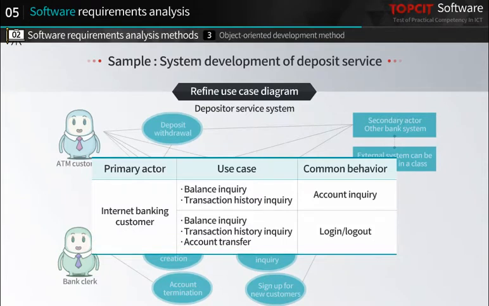use case diagram. For example, use case balance inquiry and transaction history inquiry for Internet banking users commonly require an account inquiry. In addition, balance inquiry, transaction history inquiry, and account transfer use cases can have login/logout for Internet security access in common.